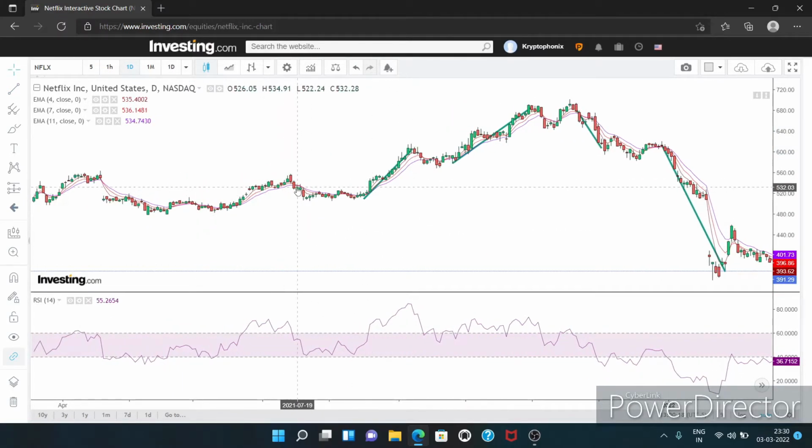Now, if we look over here, what happened was a sell signal was initiated by the EMA crossover, but the RSI, if we look over here, is not between the 60 and 40 band. Therefore, what was seen was not a good down move.